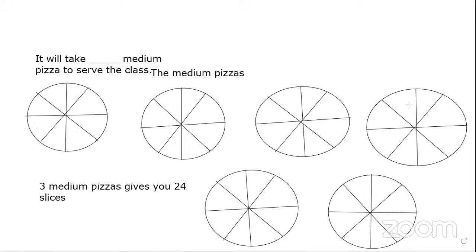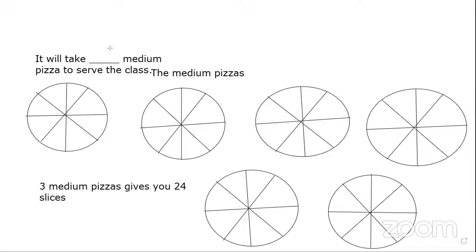Three more medium pizzas. Let's count them. And I know what you're saying now. How Miss went over the 42 and I realized that. But let's see. 24 plus 8, 32, plus 8, 40, plus 8, 48.